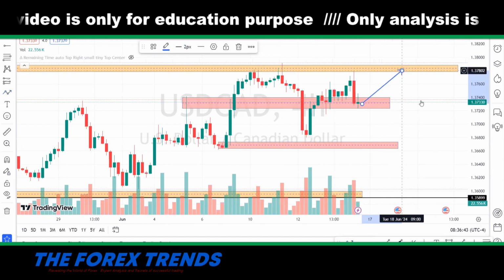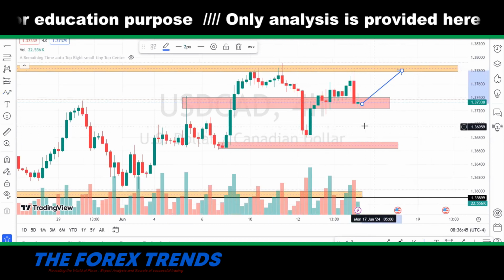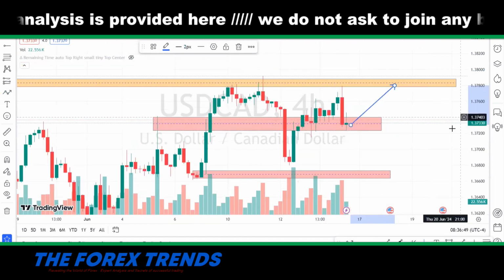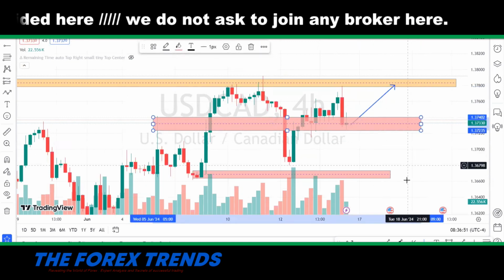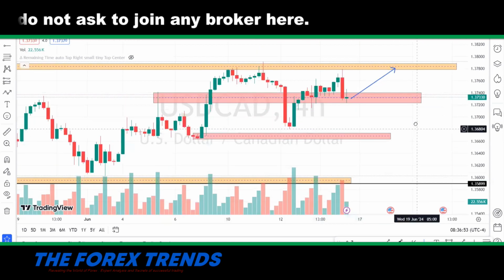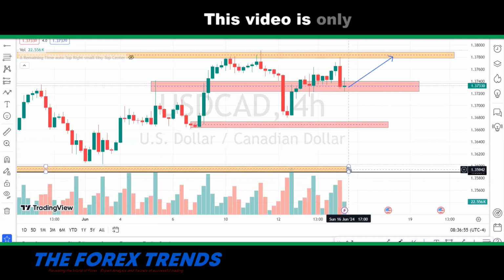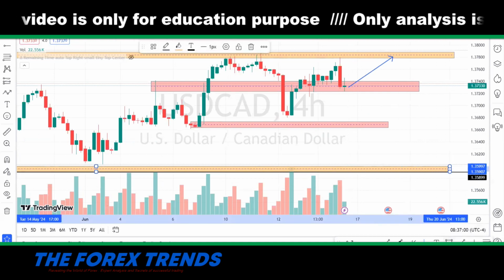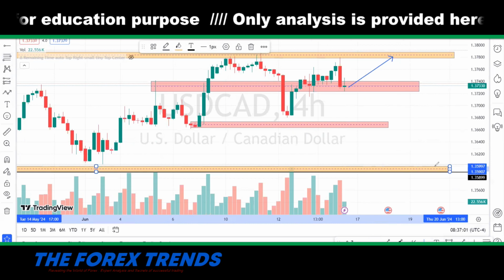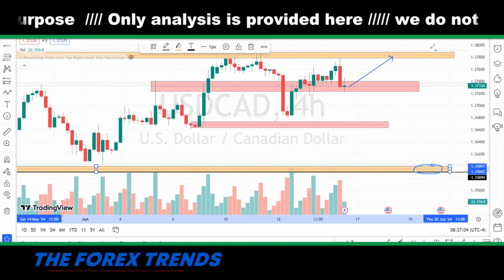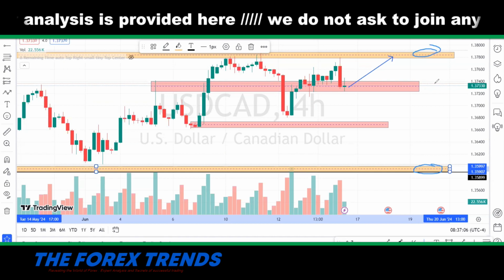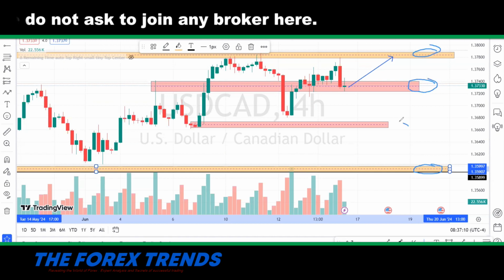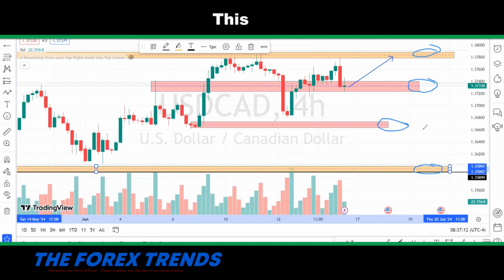But there is a need of evidence in the 5 minute frame. So for USD CAD, we have three positions. These two zones are day structural support and resistance, and this is 4 hour support, and this is also a 4 hour support.